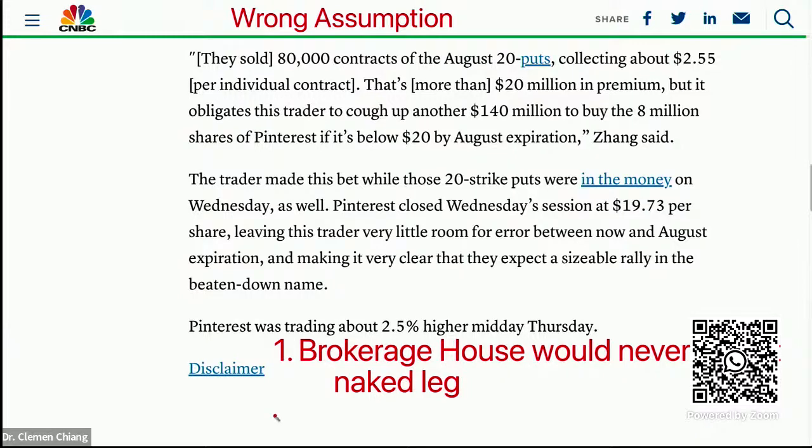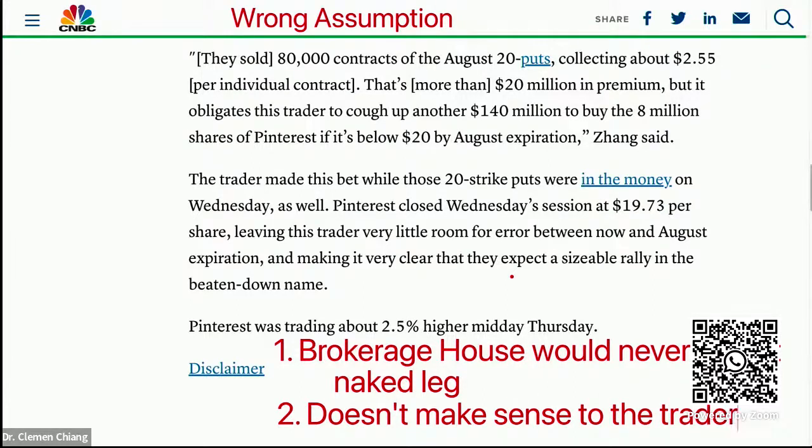That's number one. Number two, it doesn't make sense to the trader. Because you make 20 million, but if the direction goes wrong, you lose $140 million. Which idiot out there would do that? No one would do that.